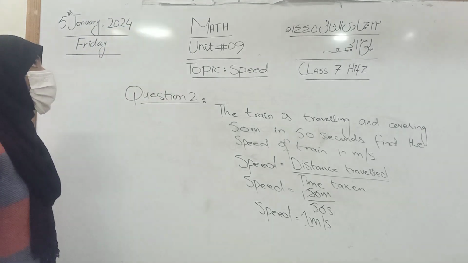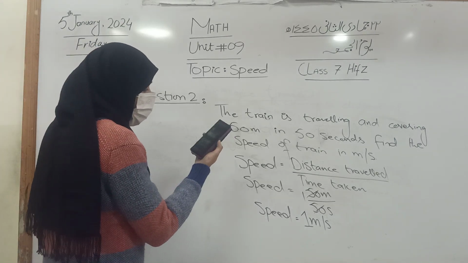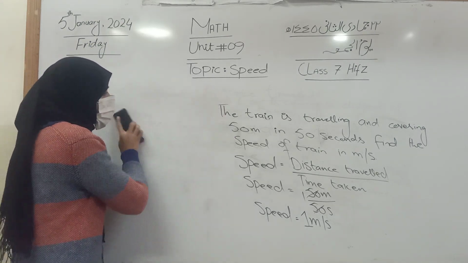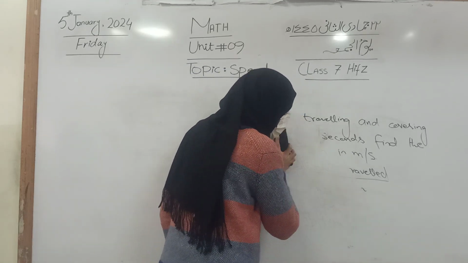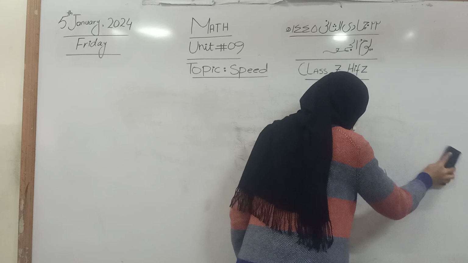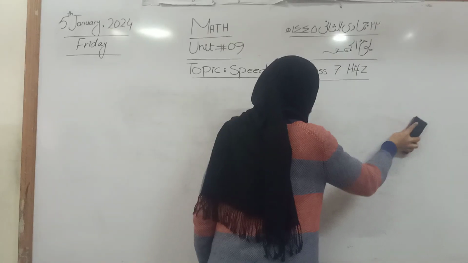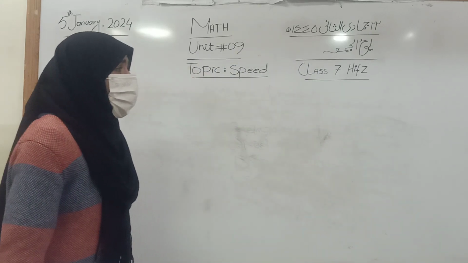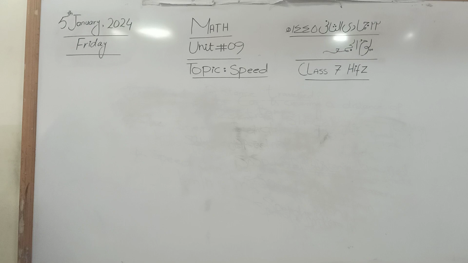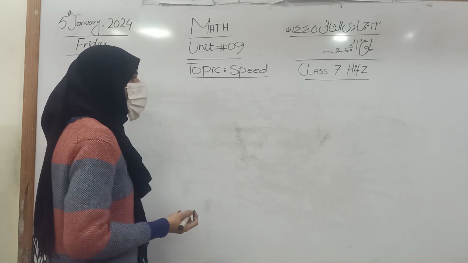Okay, now I will give you homework and you have to complete your task. You have to calculate the speed of different objects that are given to you, and it can be calculated in kilometers per hour, meters per second, or meters per minute. It depends on your question, what kind of question you have and how you can calculate the speed.